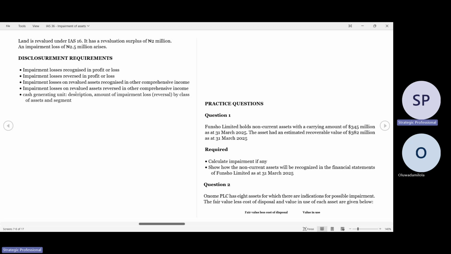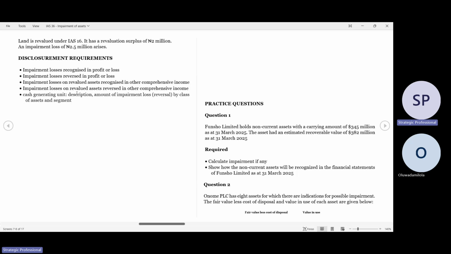These are just a few. They are not limited to this. They are the things that companies are expected to disclose in their financial statements, because users of financial statements need to understand how you got this impairment loss, or where you recognized it. So that's what this disclosure requirement is all about.